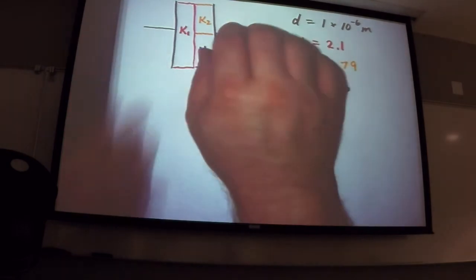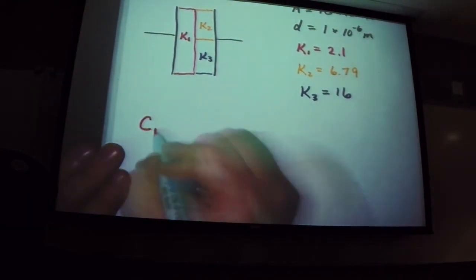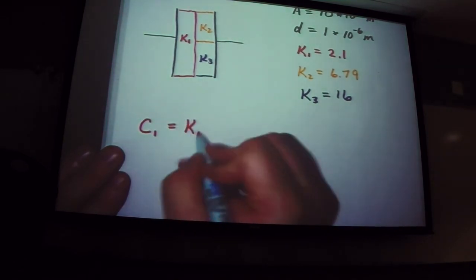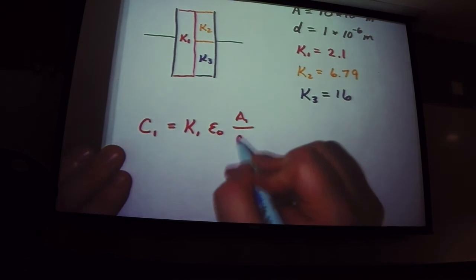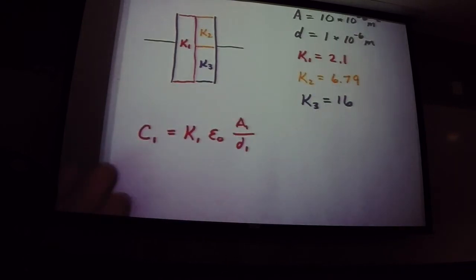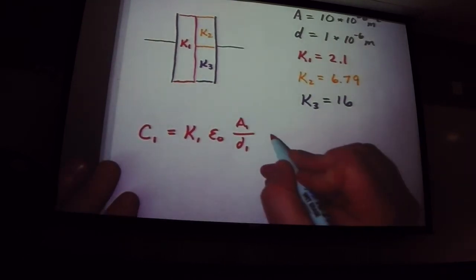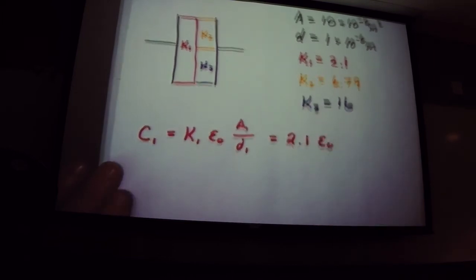Okay, so I'm going to make a C1. C1 is equal to kappa 1 epsilon naught A1 over D1. Kappa is 2.1. Epsilon naught, I'm going to leave it as epsilon naught.